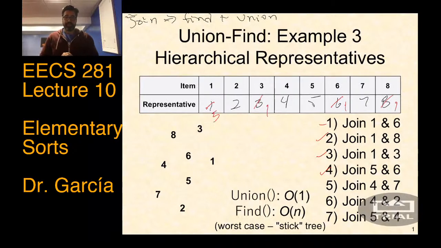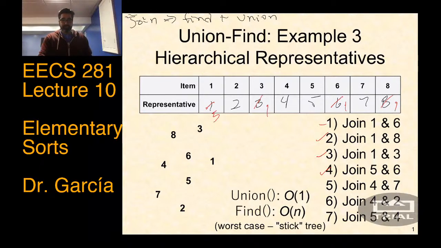I think in the previous lecture I said this, but then what I scratched was the 1 from the representative of 6 and changed that to a 5, and that introduced confusion when I was trying to identify which of the items belong to which set, which in the end turns out everybody ends up in the same set as we wanted.